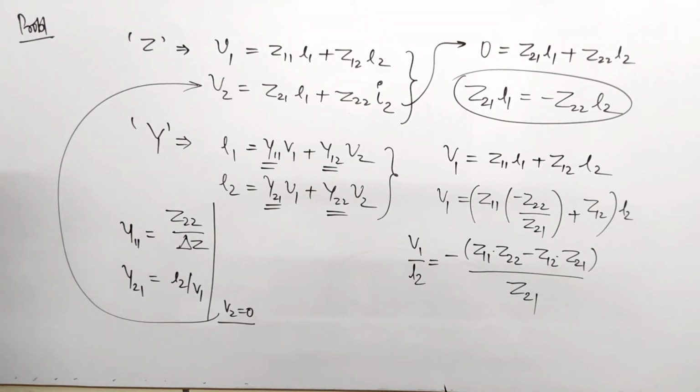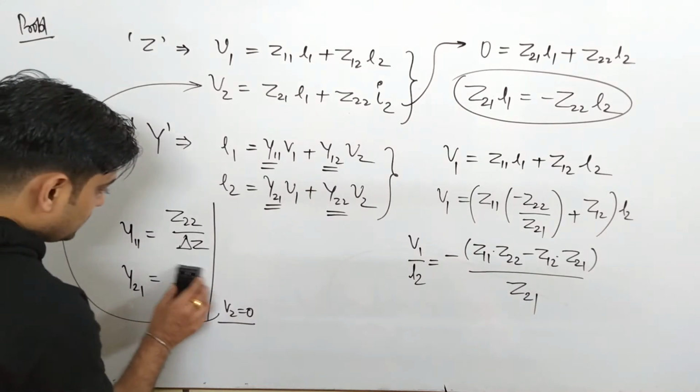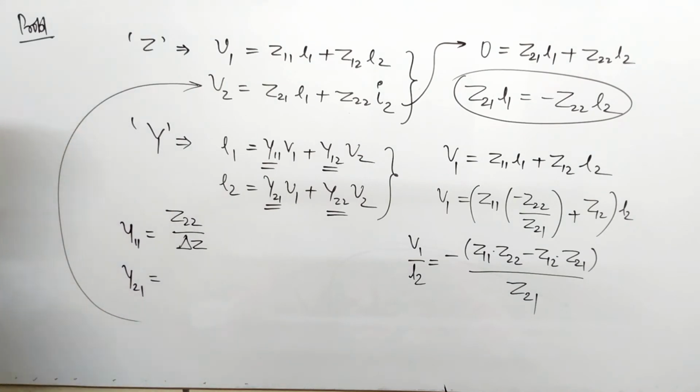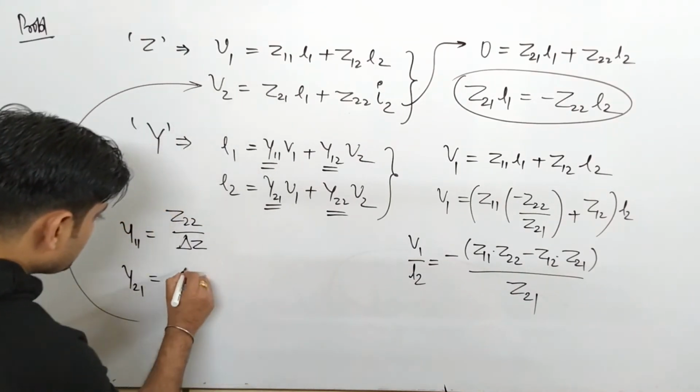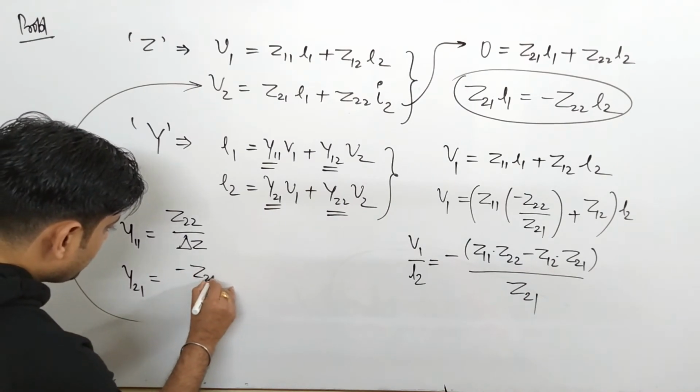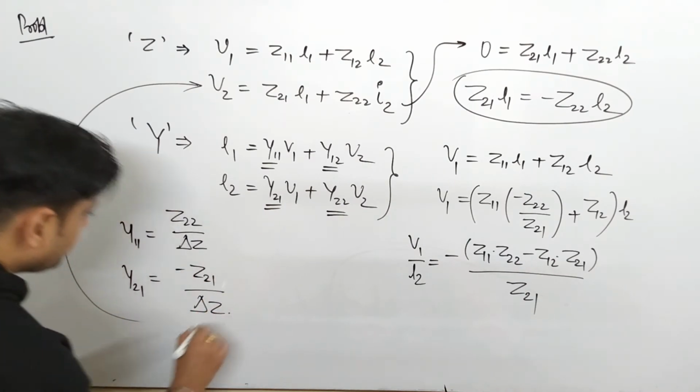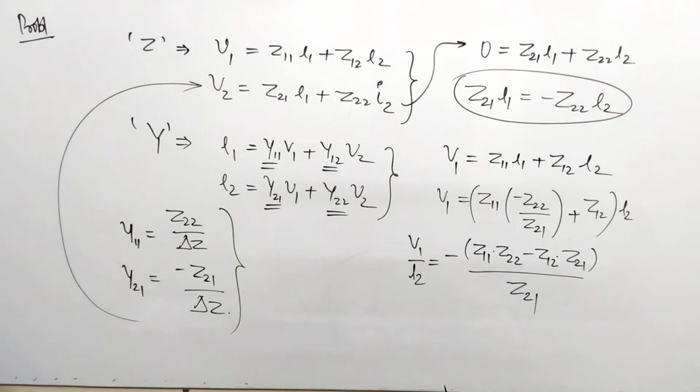From here, the value of I2 by V1 comes to be minus Z21 upon del Z. Very important.